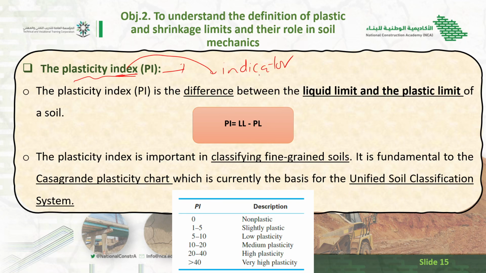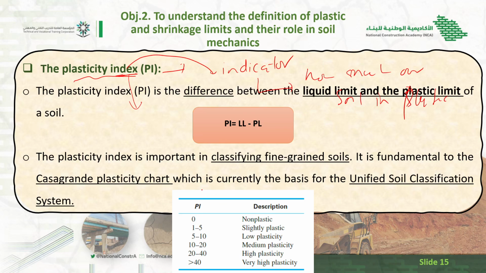So it is the indicator which tells us how plastic our soil is. Through these numbers, this index gives us the numbers from which we can evaluate and analyze how plastic the soil is.